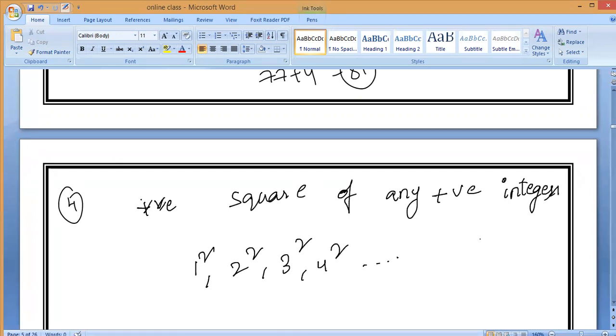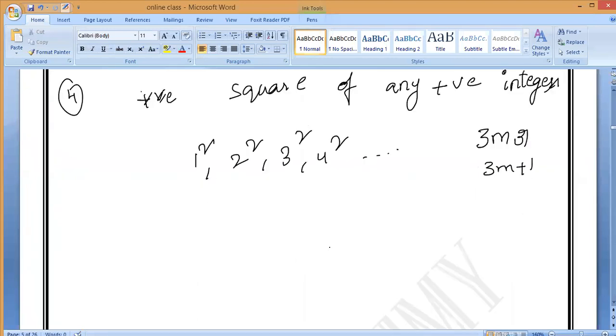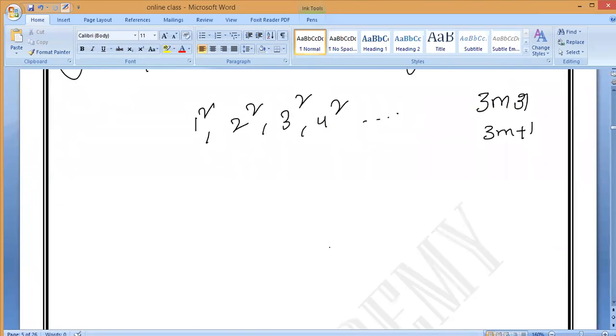They are in the form of 3m or 3m plus 1 or 3m plus 2. Use Euclid division algorithm. What is the general form of Euclid division algorithm? A is equal to bq plus r.